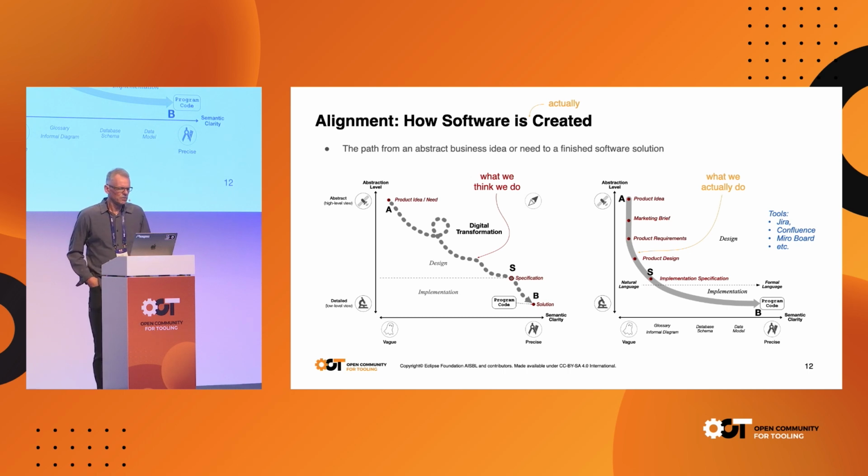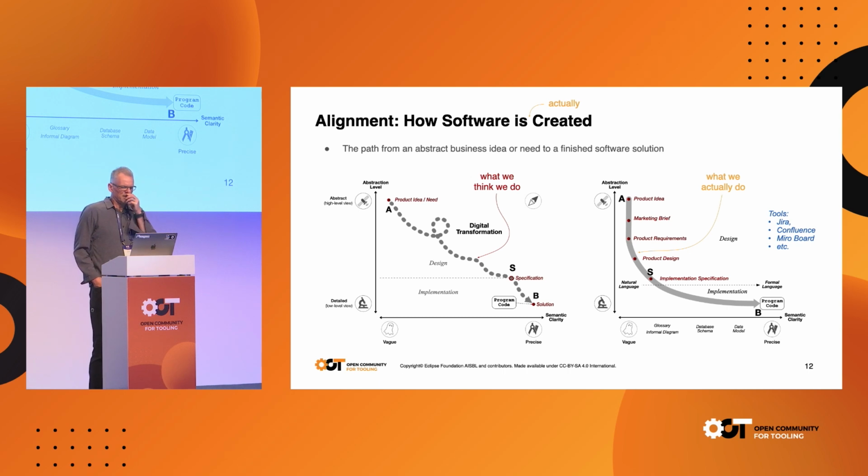To do that, we use things like Jira, Confluence, Miro boards, and those imprecise sketches, you know them, the box and arrow diagrams on whiteboards, which ultimately have no defined semantics. You see here that I'm using something like a waterfall, but I'm not hinting we should do that. It just makes things easier to explain because ultimately agile and iterative goes through the same phases. I'm just leaving out the looping.